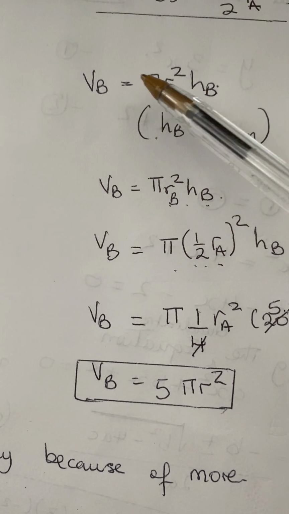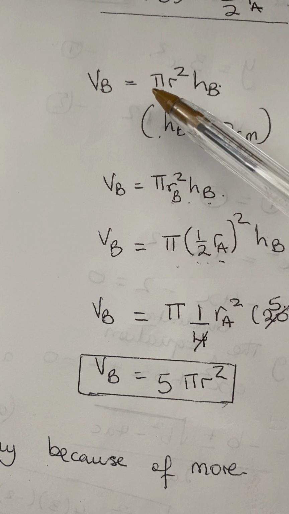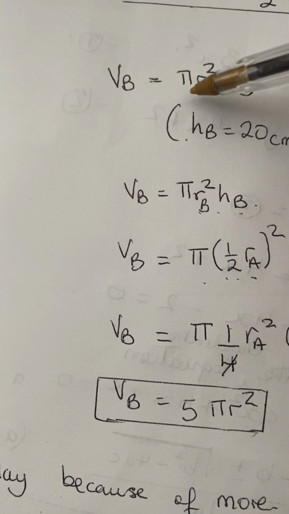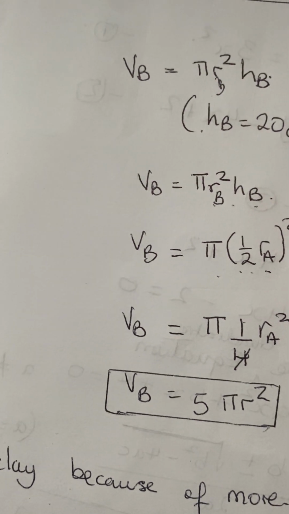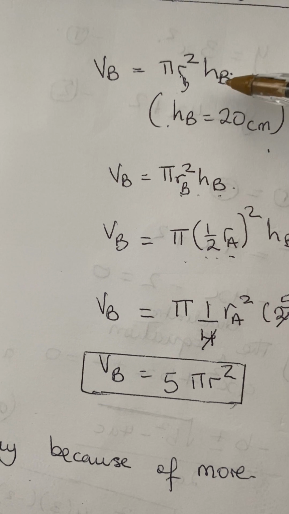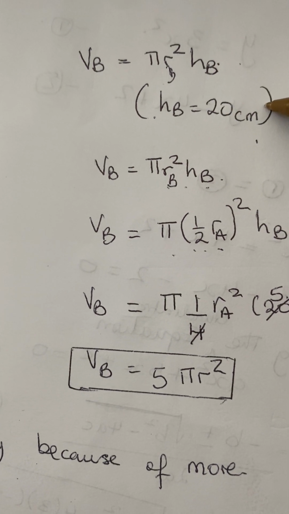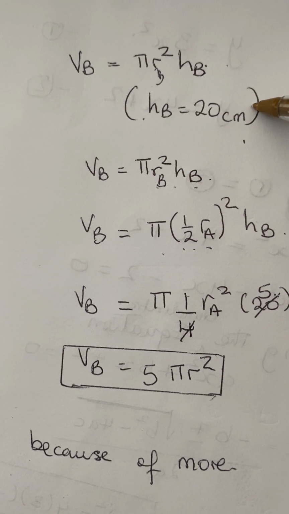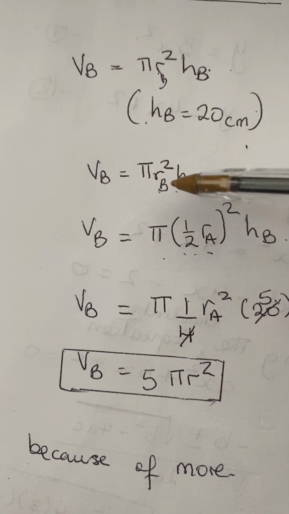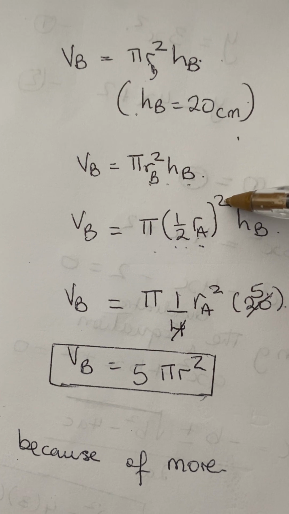The volume of the second one will be pi rb, which is the radius of the second one, and the height. Now the height is 20, and the radius rb is half of ra.